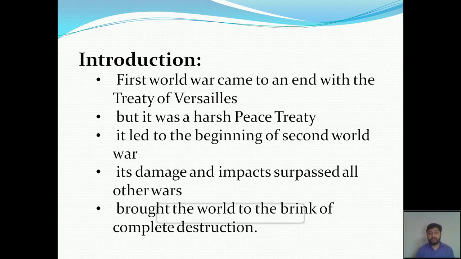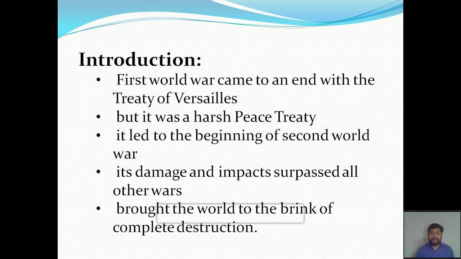All the countries who were involved in the war came to know that if there is another war, it will be the end of the world. Such a huge impact, such a huge destruction had taken place during the Second World War.